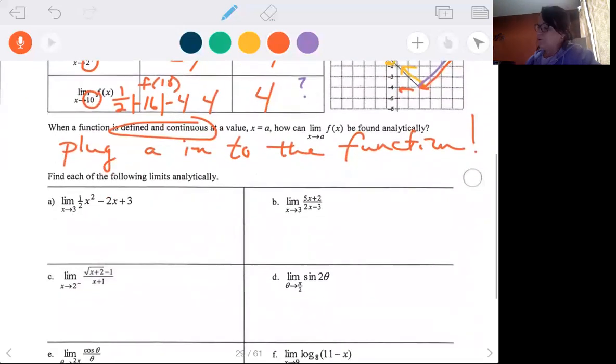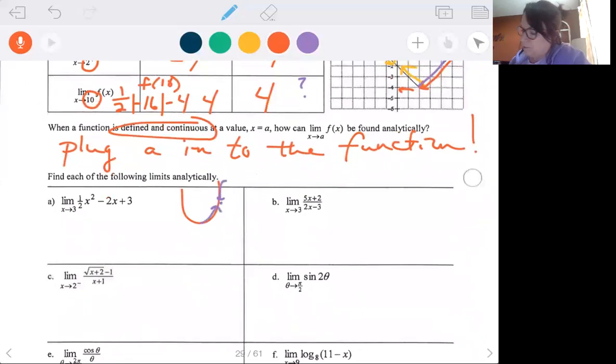So you just have to know if the function has any basically big issues, and if so, is it at this point of approach. So parabola opening up doesn't have any holes or asymptotes. So I don't need to graph the parabola and creep in on 3. I will be at wherever f of 3 is.